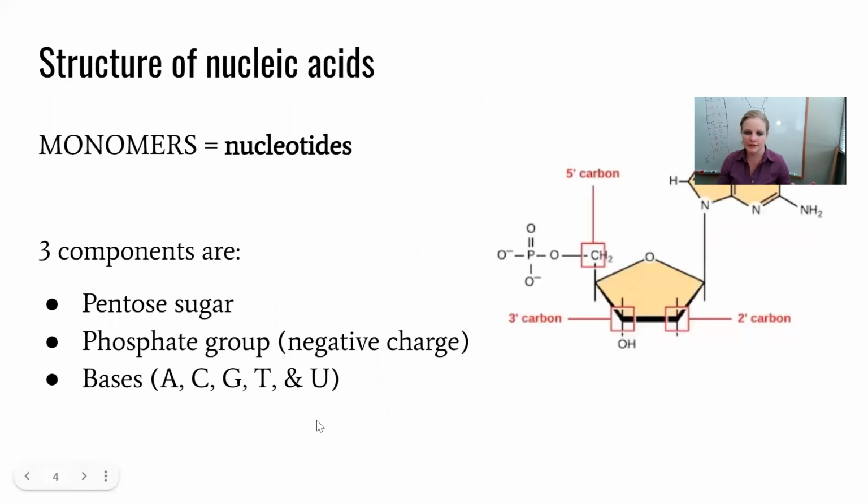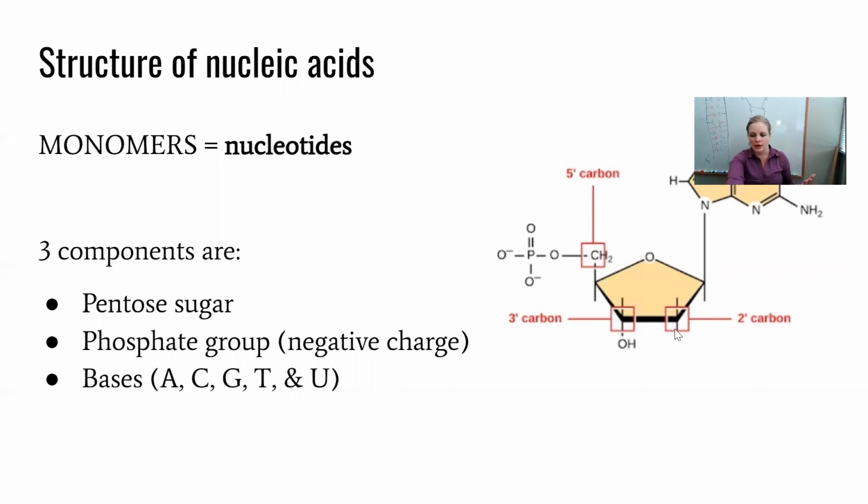Okay, all right, so that's that part. If we remember back to our discussion about monomers and polymers, the monomers of nucleic acids we call nucleotides. They come in 3 different parts. This slide, I actually just yoinked from my biomolecule presentation and threw into this one, so hopefully this looks familiar to you. Here's our pentose sugar, our 5 carbon sugar.